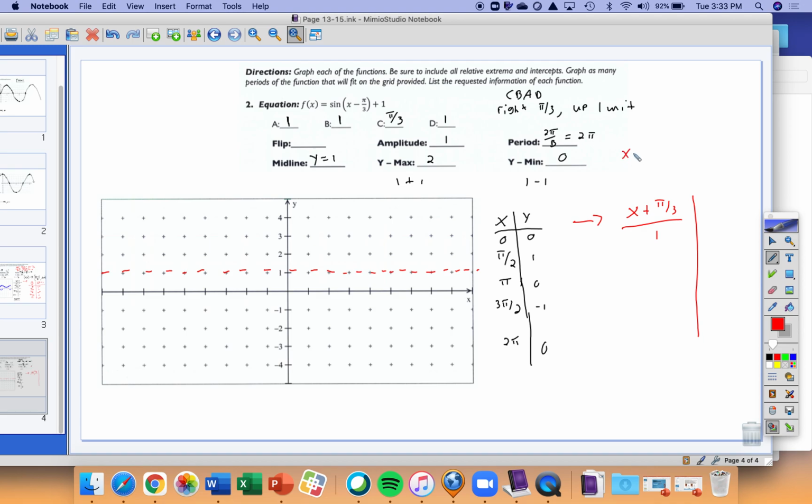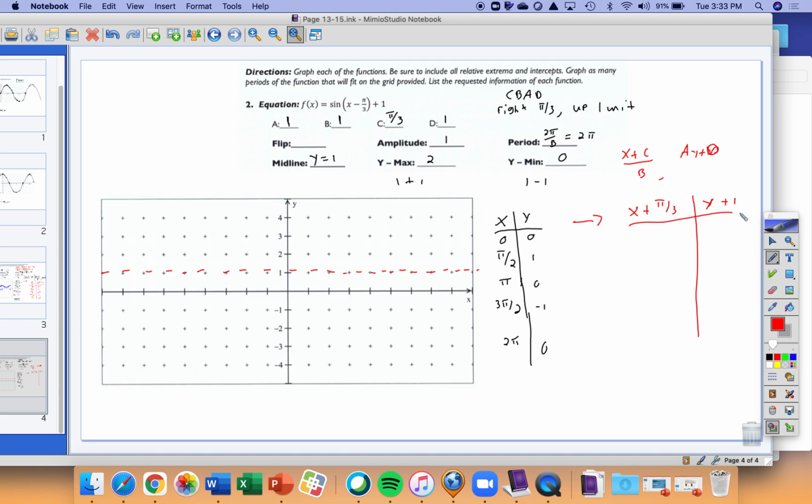So x plus c over b, a y plus d. In our case, it's going to be y plus 1. Okay, I'm going to get rid of this divided by 1 because we won't need that here. Oh, I guess I can't get rid of it. There we go.